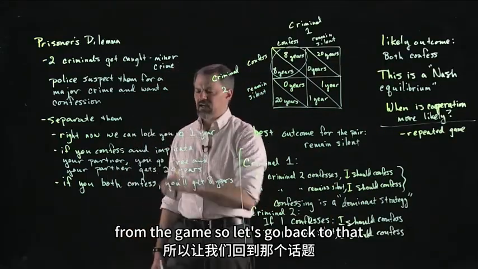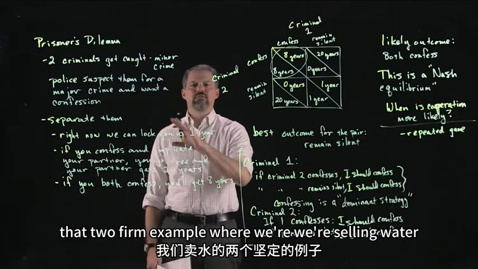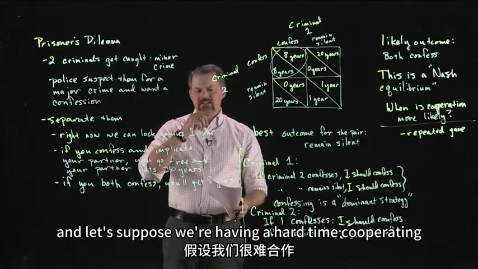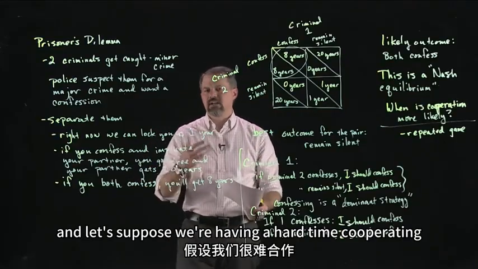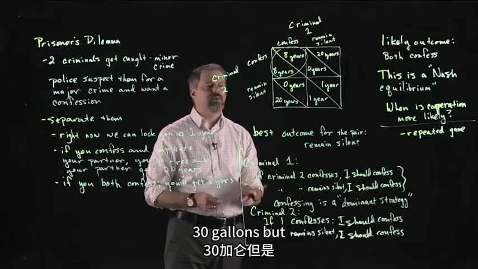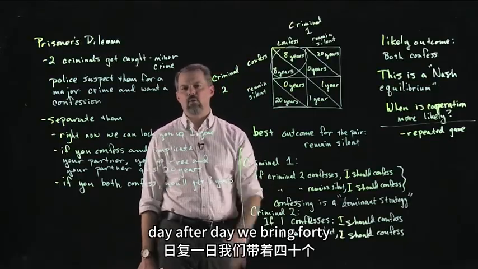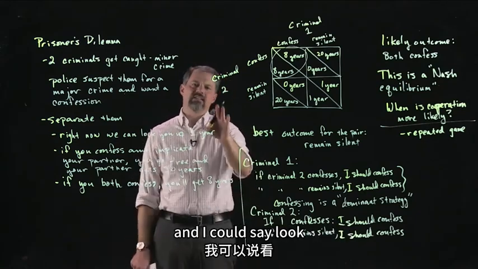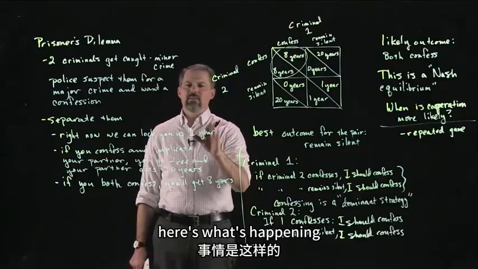So let's go back to that two-firm example where we're selling water. And let's suppose we're having a hard time cooperating. We know that the best outcome is for both of us to bring 30 gallons, but day after day we bring 40. Then one thing that we could do is I could pull you aside and I could say, look, here's what's happening.